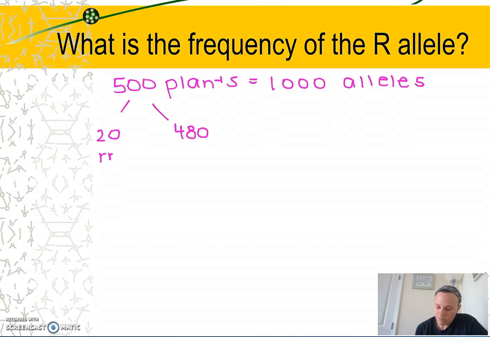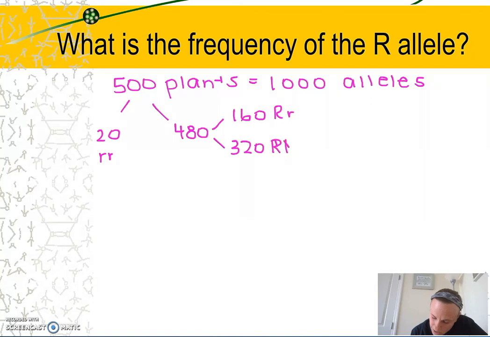They are red. Out of those 480, we've got 160 that are heterozygous, and then you've got 320 that are homozygous, capital R, homozygous dominant. And they want to know the frequency of the capital R allele.